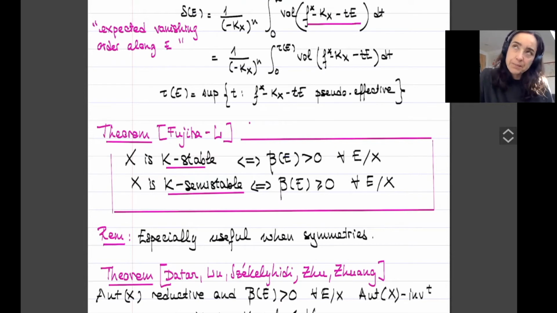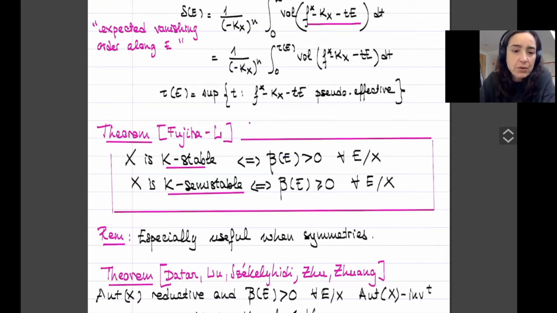In general, the way this is used for Fano threefolds is that this is particularly strong as a criterion when your Fano threefold or your Fano variety has symmetries.